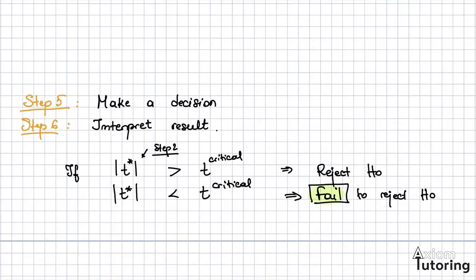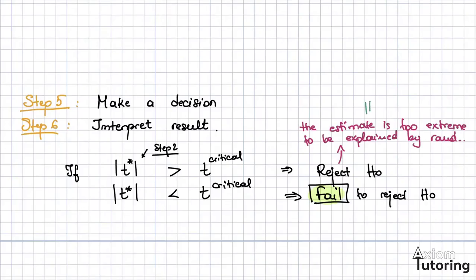Interpretation. If we are rejecting the null hypothesis, then what we are saying is that the estimate is too extreme to be explained by randomness alone, okay?